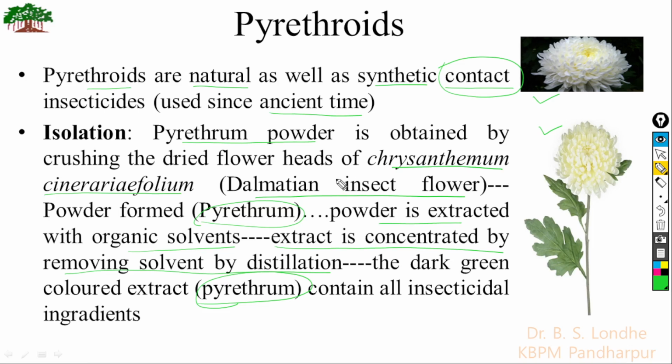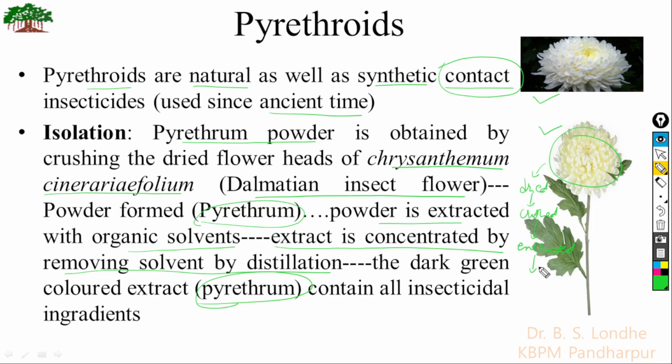So the process is: the flower heads are dried, then they are crushed, and a powder is made. This powder is extracted with an organic solvent.